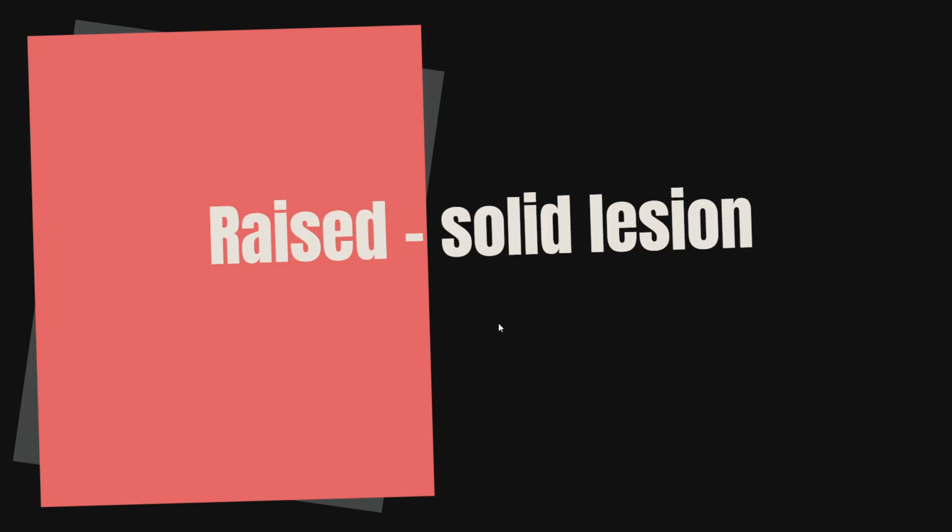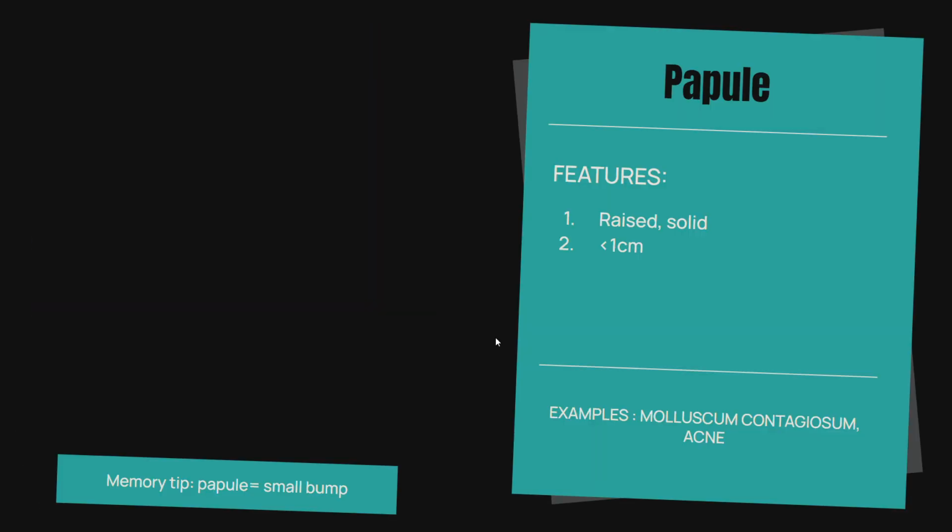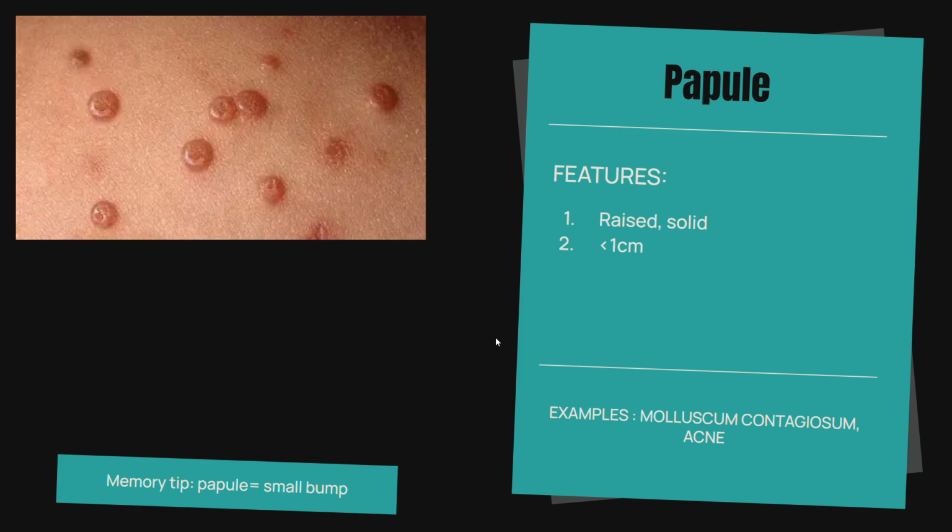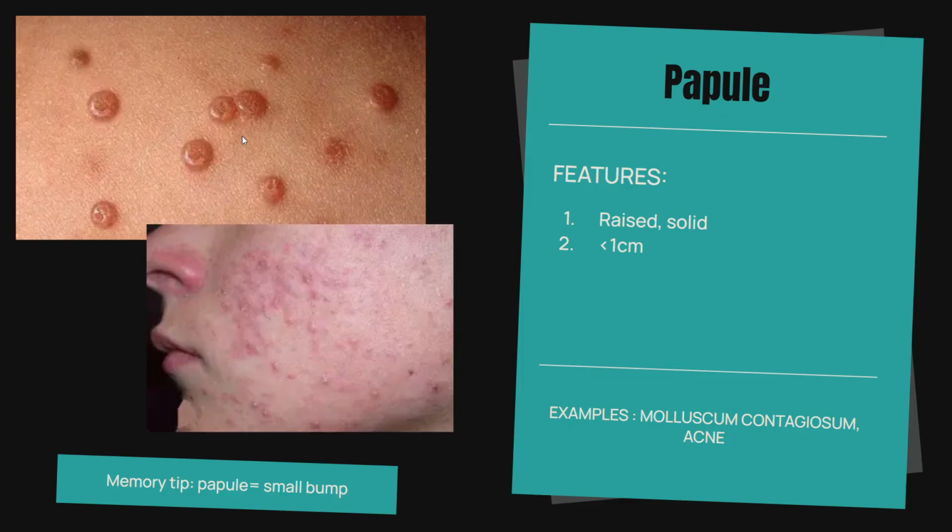Moving on to raised solid lesion. First being a papule. A papule is a small solid raised lesion less than 1 centimeter, and you can think of it as a small bump. And you commonly see papules in conditions like molluscum contagiosum and acne.